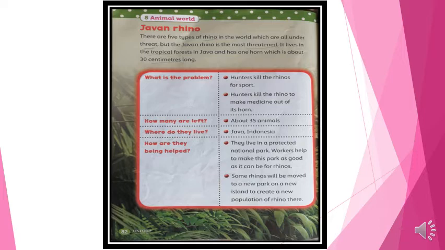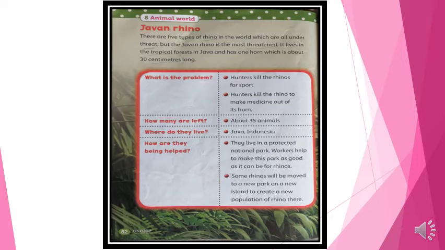Now come and read about the efforts of the humans. How are they being helped? They live in a protected national park. So for Javan rhinos as well, they have made a national park where they live and they are protected. Workers help to make this park as good as it can be for rhinos.